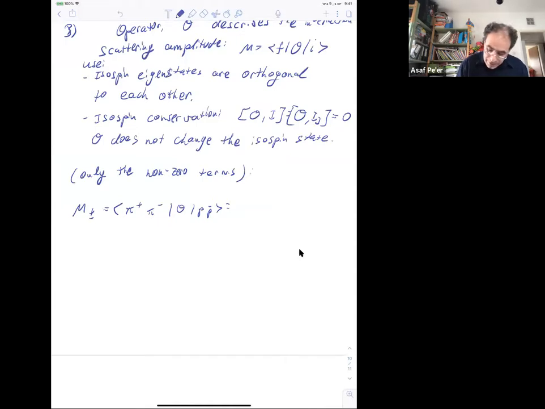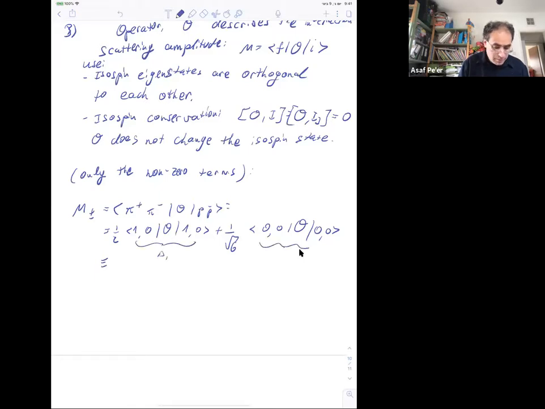So I have 1/2 of the 1,0 term plus 1 over square root of 6 of the 0,0 term. Let's denote these by A1 and A0. We have 1/2 A1 plus 1 over square root of 6 A0.